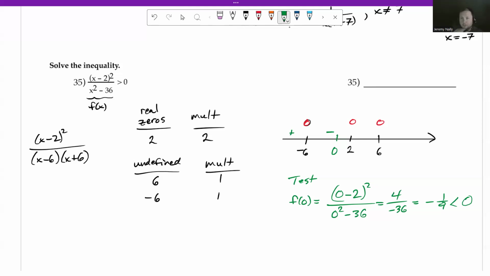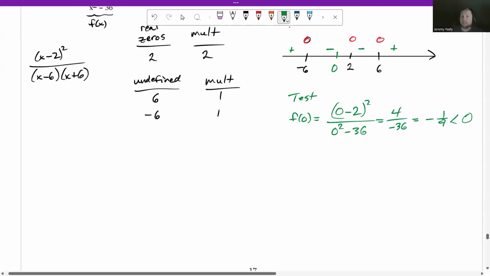When we go to the 2, since that has a multiplicity of 2, that means it's actually touching at the x-axis. So the sign's going to stay the same. So that's going to be negative. And then when we get to the positive 6, it's an opposite infinity. So then that region is going to be positive.